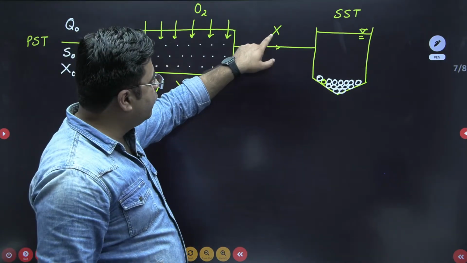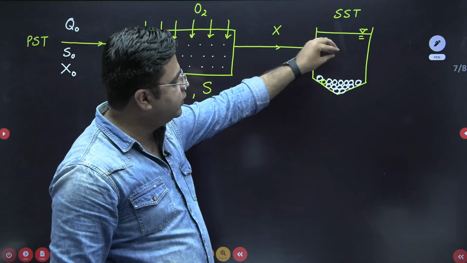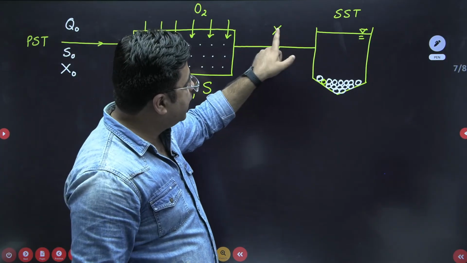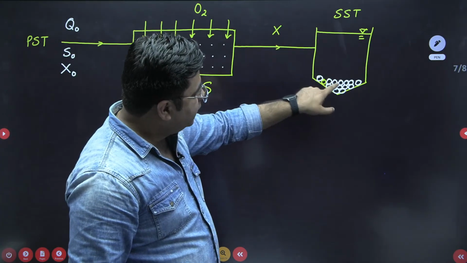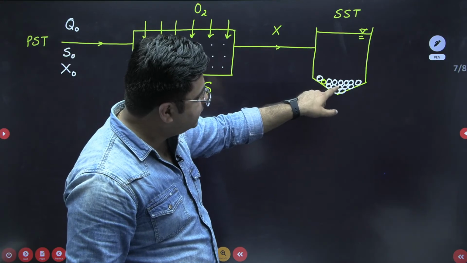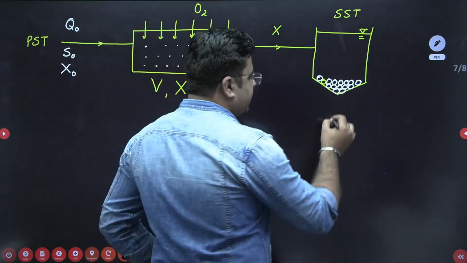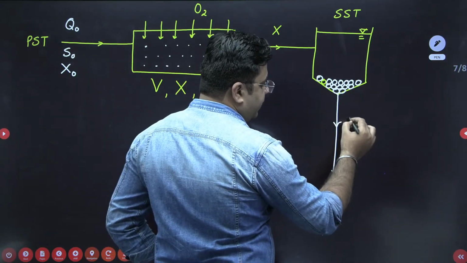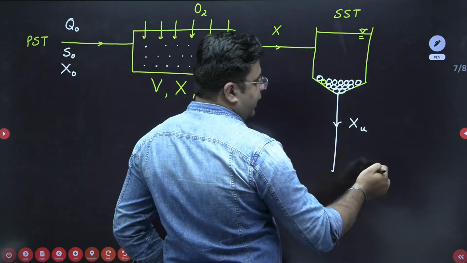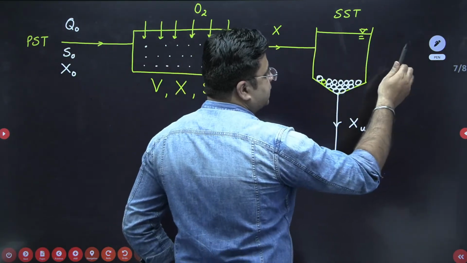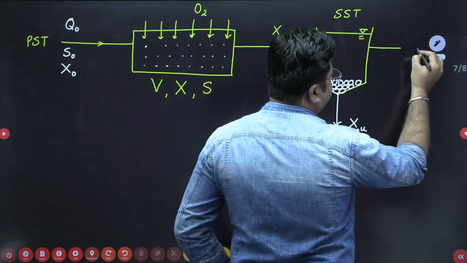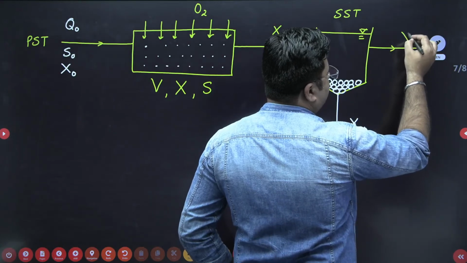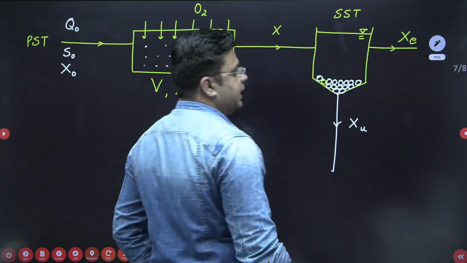So the value of biomass that is entering along with the wastewater was X. Now out of this X, the biomass that is settled inside the secondary sedimentation tank, if you take it out in the form of sludge, the concentration will be XU. And the amount of biomass leaving the system is XE.